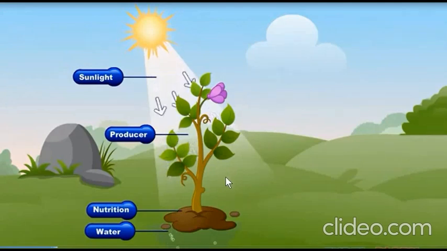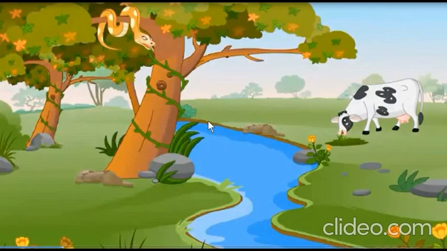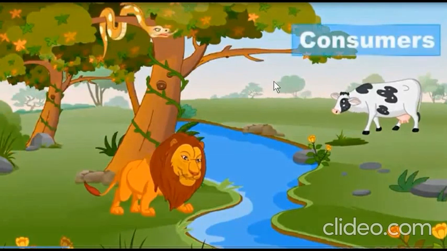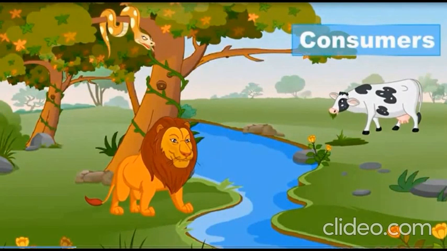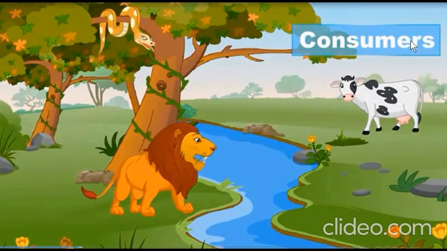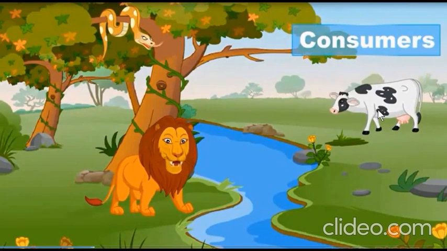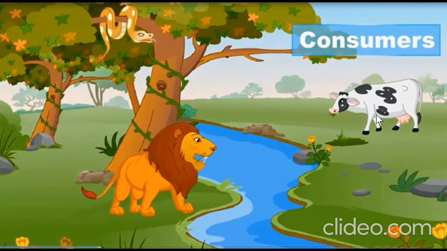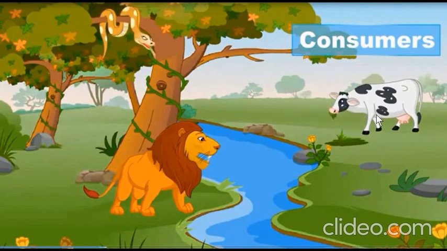Then when plants grow, they provide food to other animals. They are called consumers. As you can see, there are different animals which get their food from other animals, right? Consumers are further divided according to what they eat. I am sure that you have learned it in your previous classes also.